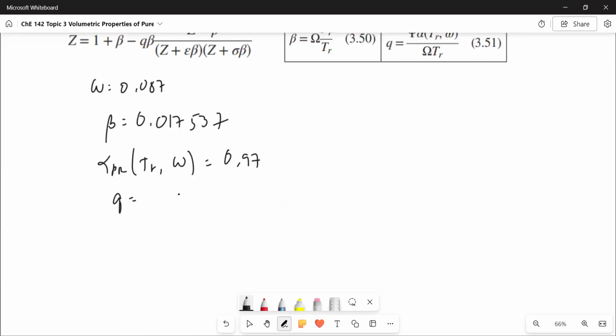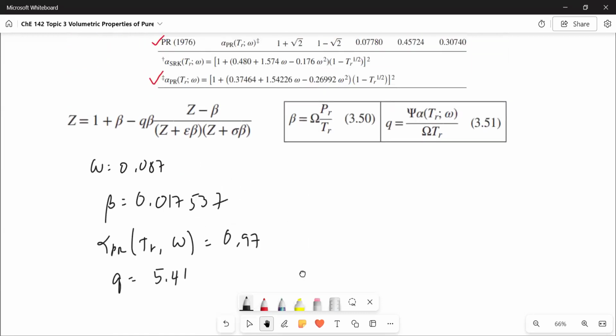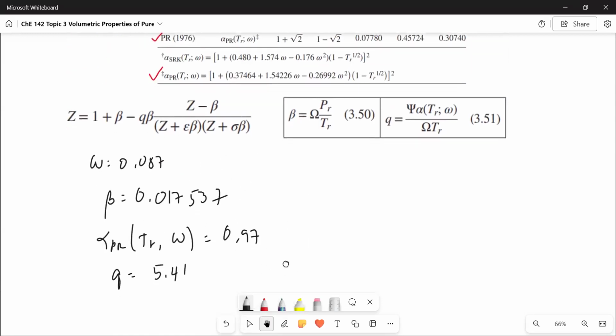And what you will get for Q is 5.41. So now that we have beta and Q, substitute that back into our equation here and then iterate.